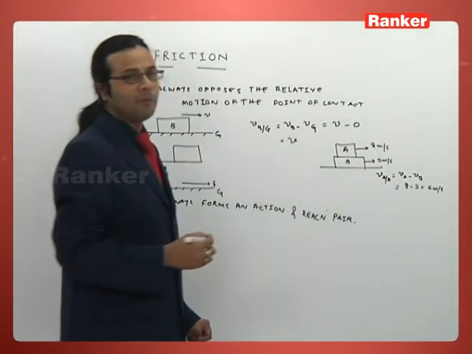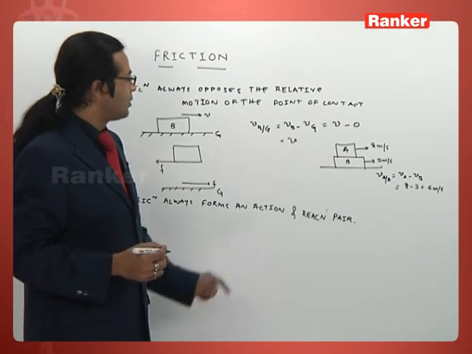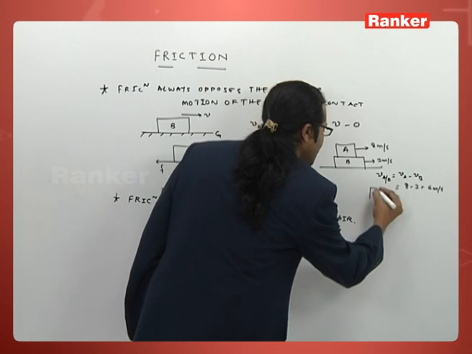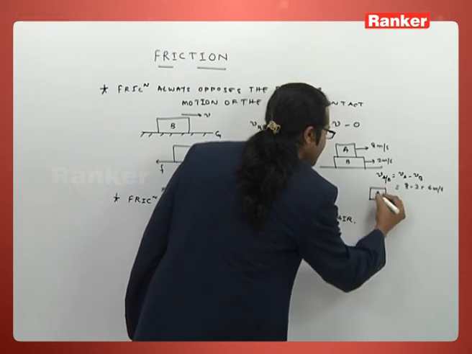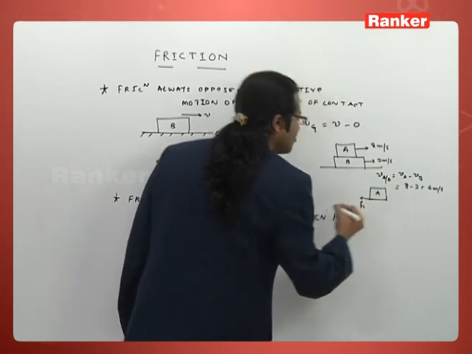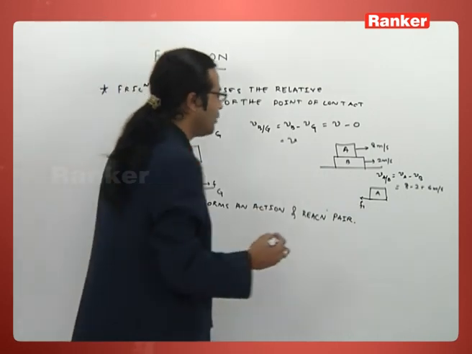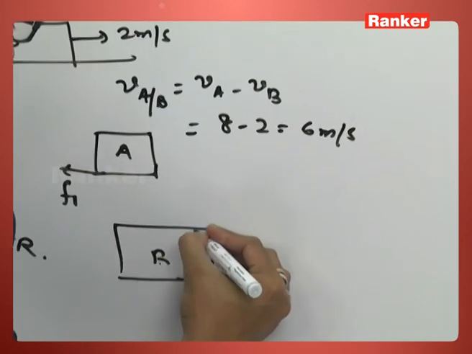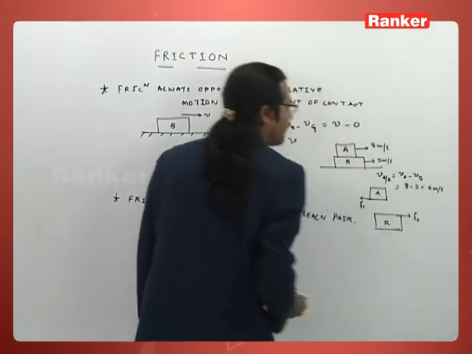So relative motion is in the positive direction, so always it opposes the relative motion. Frictional force acting on A will be in this direction, and the same frictional force F1 will act on B, keeping that in mind, in this direction, F2.